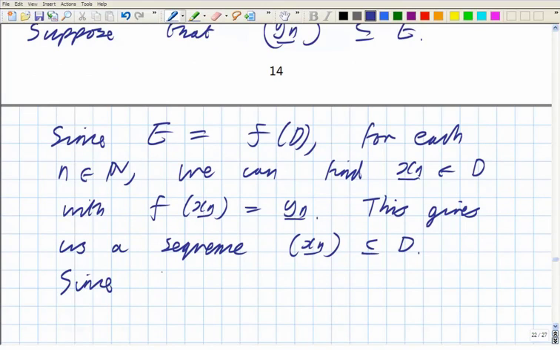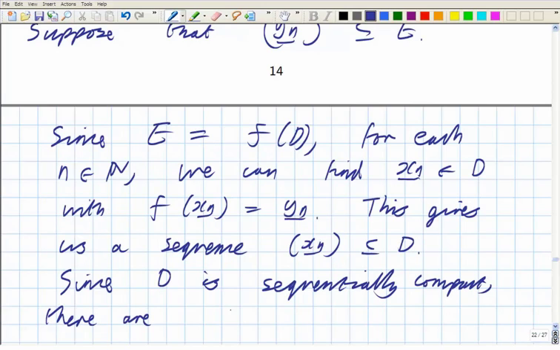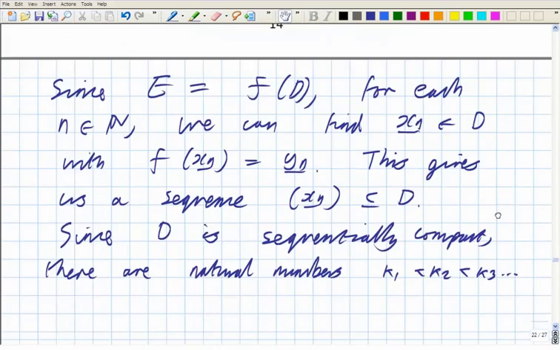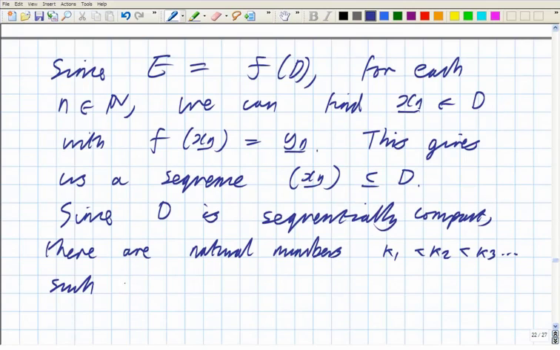So since D is sequentially compact, there are natural numbers k1 smaller than k2 smaller than and so on, such that the sequence x_{kn}, which runs from n equals 1 to infinity, converges, but it doesn't just converge.